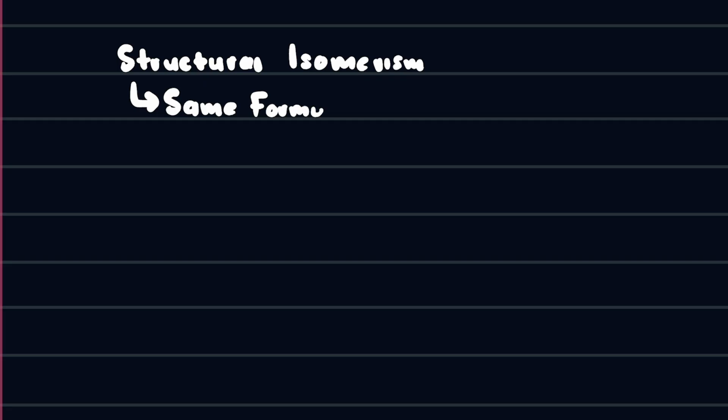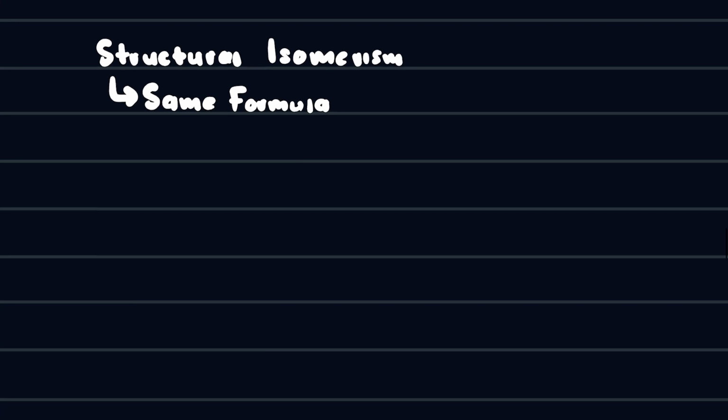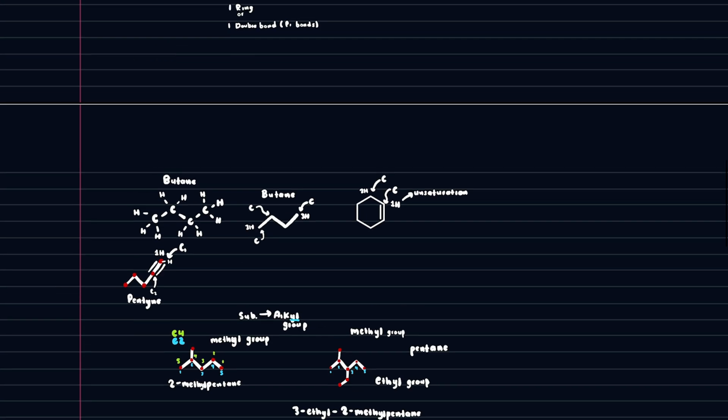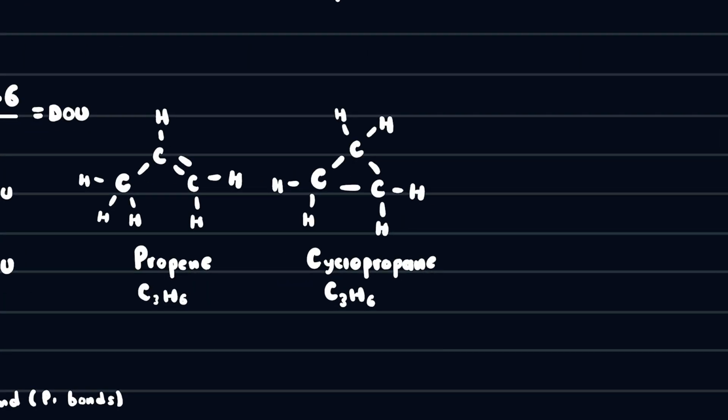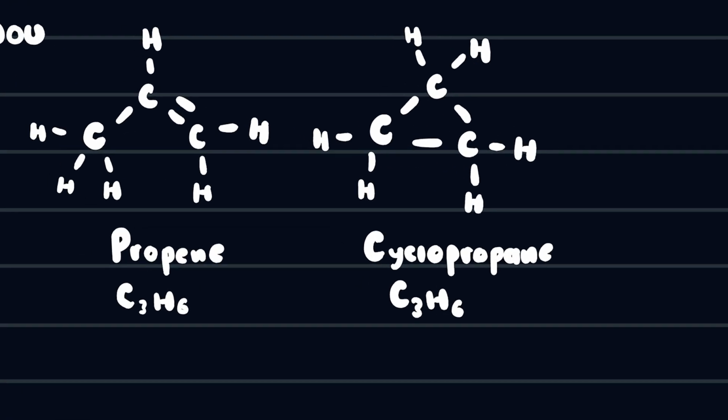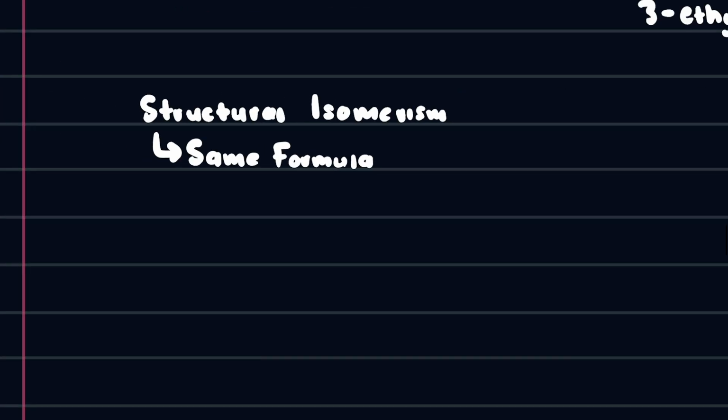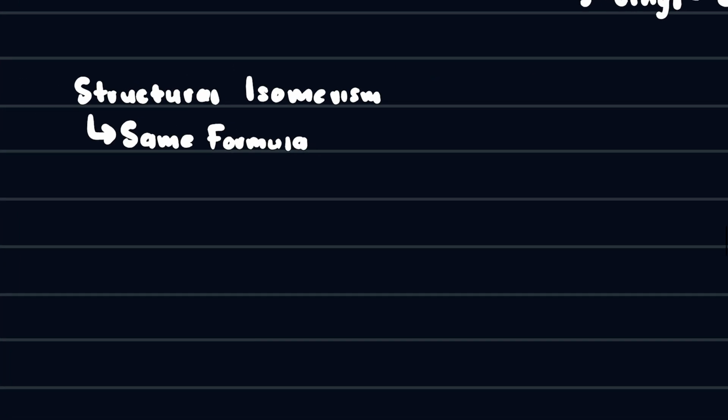as we saw between propane and cyclopropane. Actually, no. Let me go up and let me make sure between what 2 molecules it was. Between propene and cyclopropane. Same formula, different structure. So, structural isomers have the same formula, different connections.